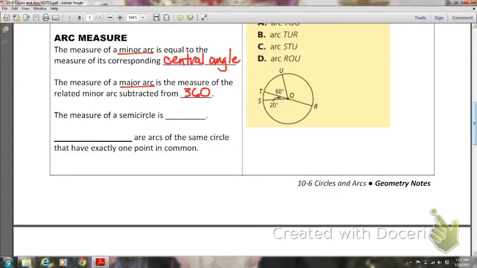The measure of a semicircle is 180. We'd already said that. And the definition for adjacent arcs: adjacent arcs are arcs of the same circle that have exactly one point in common. So let's look at a couple of problems over on the right side of the page that use these definitions.